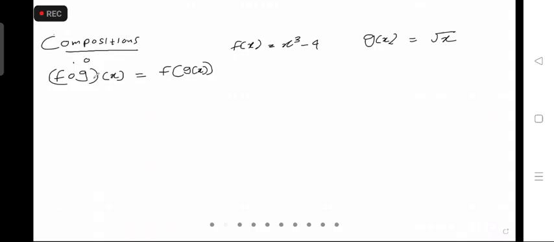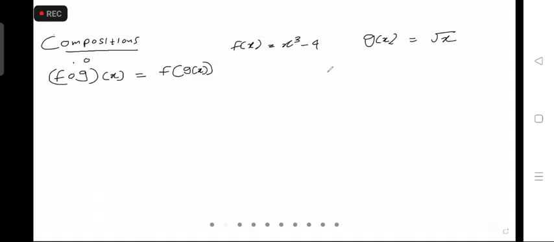After you got the answer for that, then you have to put it onto the function called f. That is the meaning. Here, if we elaborate this, inside the function f, you have gx.